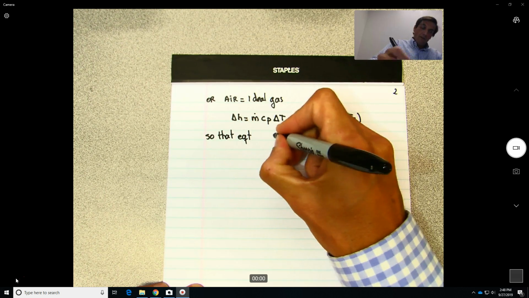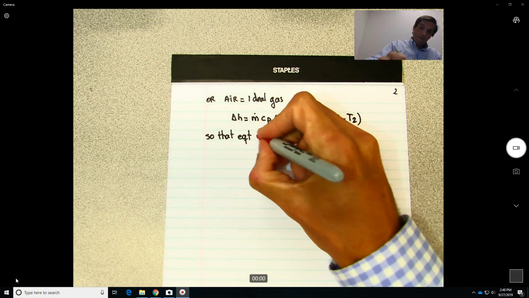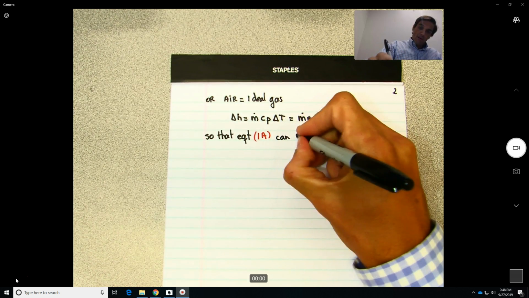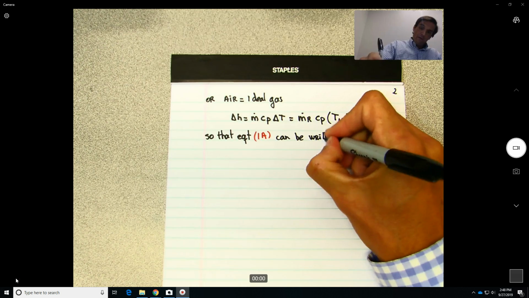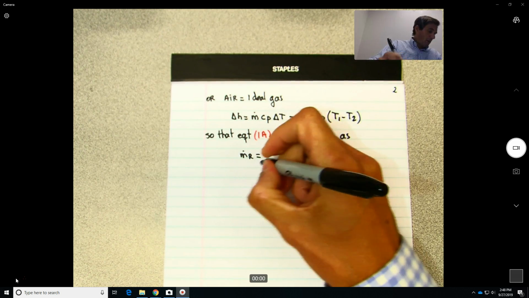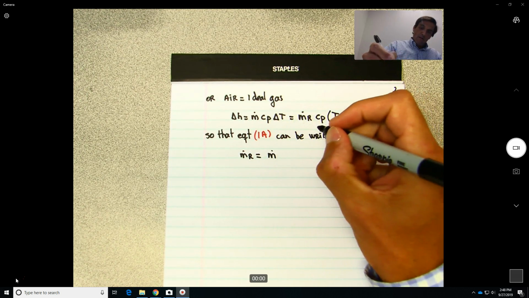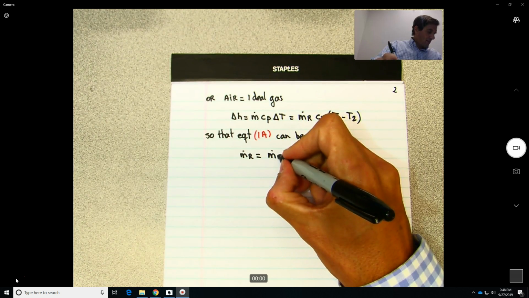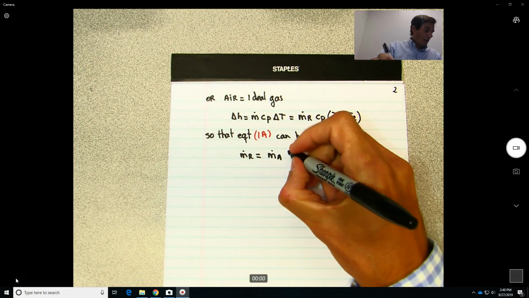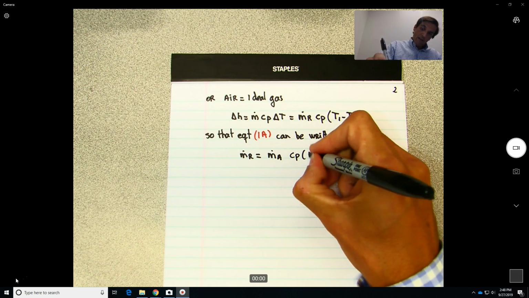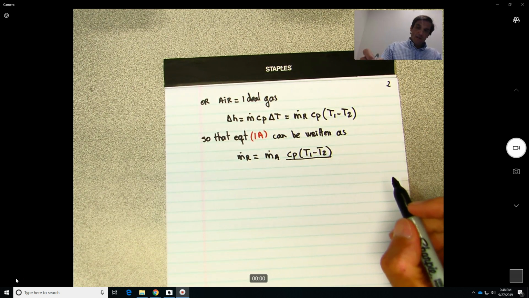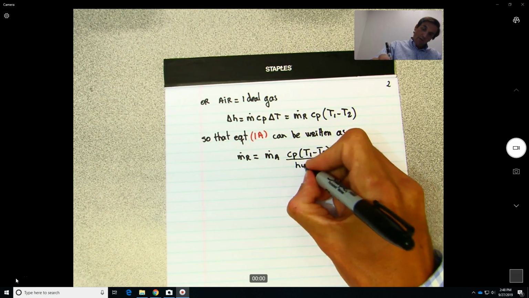Okay, so equation 1a can be written as: the mass flow of R will be equal to the mass flow of A times, since we're trying to solve for that, we already move it to the other side, Cp (T1 minus T2) divided by H4 minus H3.